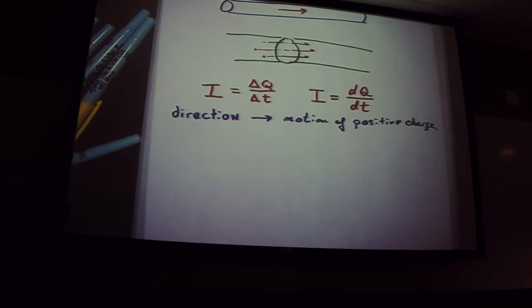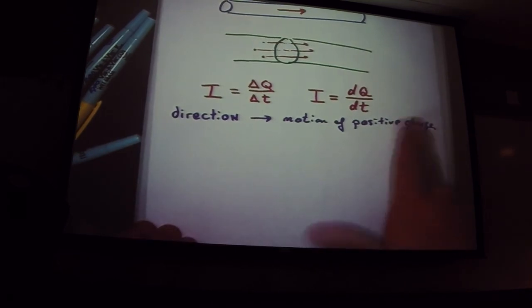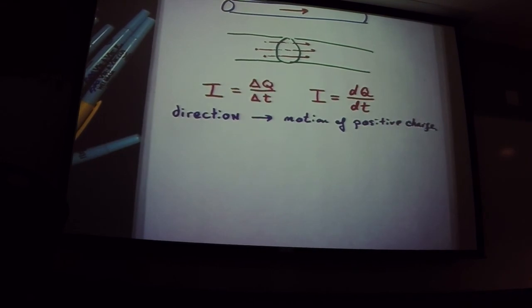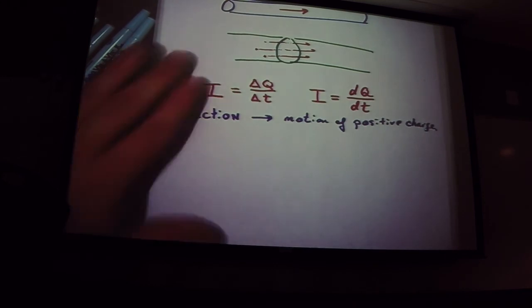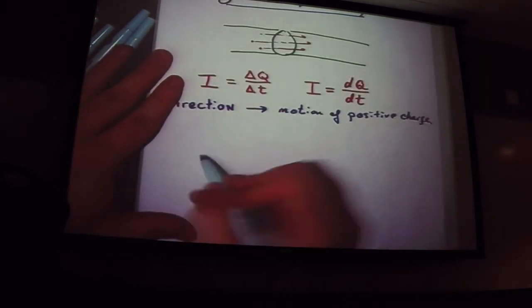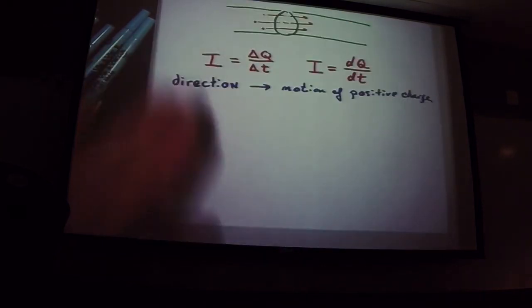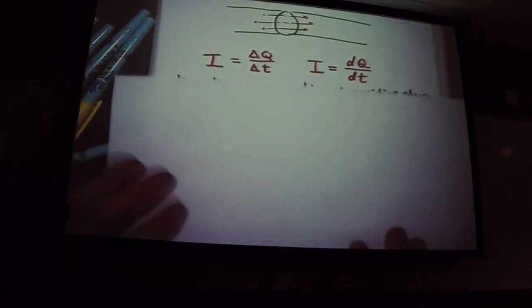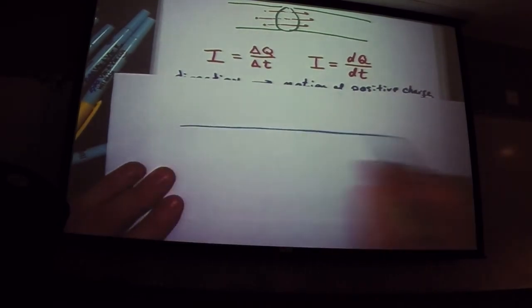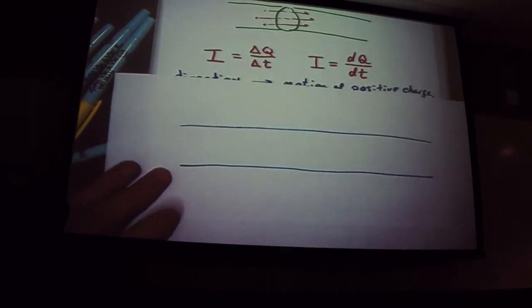All that to say, the direction of the motion of positive charge is the direction of current. Now, we can look at this on a microscopic level. So if we look at a little diagram here, all right, we want to look at this in terms of what's going on microscopically, and let me draw a bigger diagram.